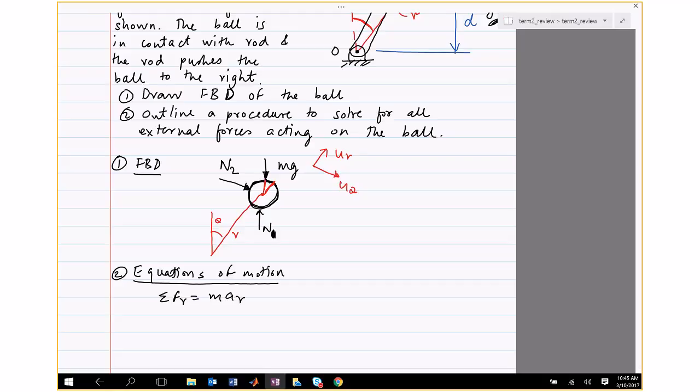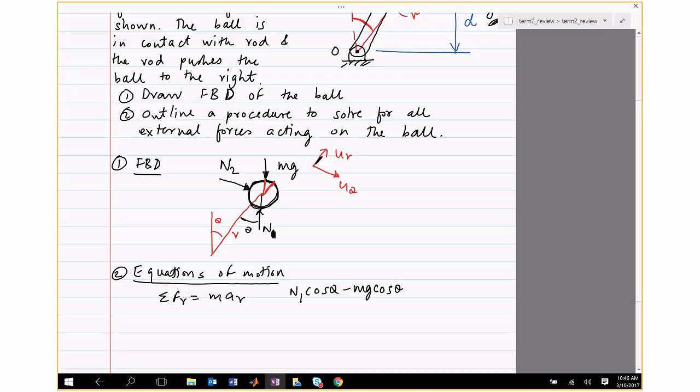So N1 cosine theta acts along ur, in the positive ur direction, right? Mg, on the other hand, acts in the direction opposite to N1, so it's going to be negative mg cosine of theta.